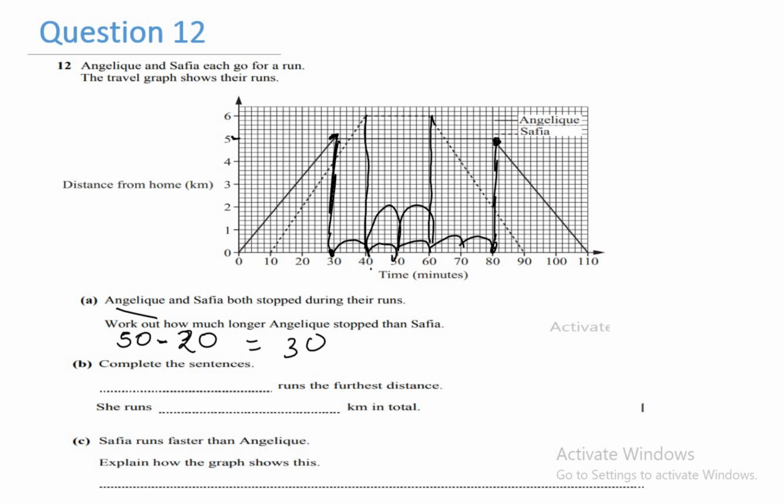Now, question B says, complete the sentences. Dash runs the furthest distance. The answer is Sophia. Okay, Sophia ran 12 kilometers in total.